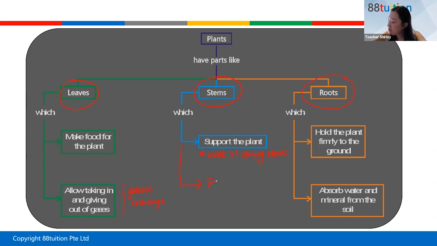So basically it helps to transport water from the roots to the rest of the plant. And it also transports food from the leaves to the rest of the plant.